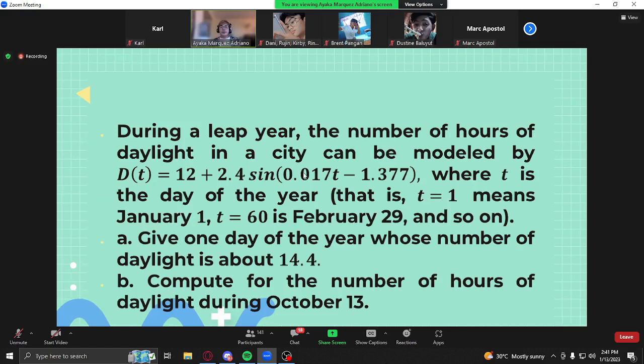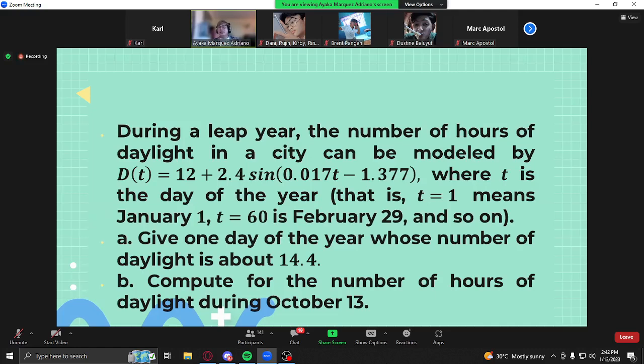So, yung mga scientists, they were able to form functions like this, or trigonometric equations such as this one, in which we get the number of hours of daylight. So t is equal to 1, meaning we start from January 1. So if you have t is equal to 60, that will be the 29th of February.